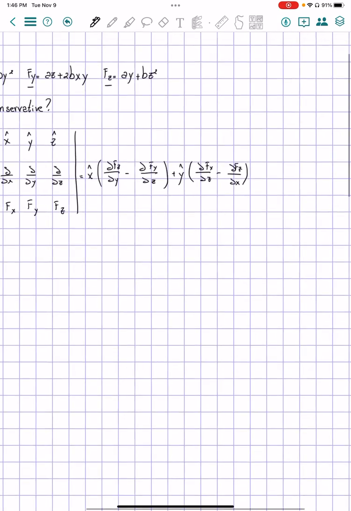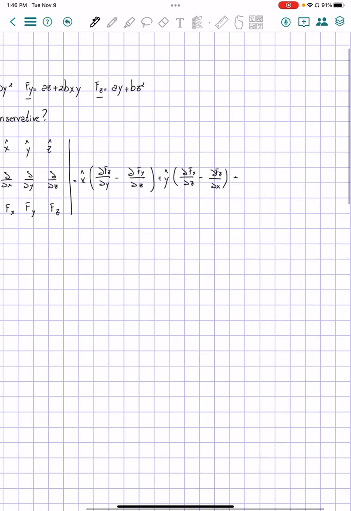And then the last one will be z direction, and then will be d over dx of f of y, minus d over dy of f of x.